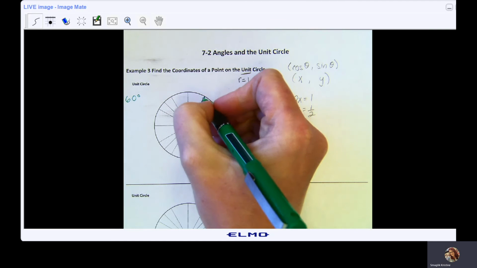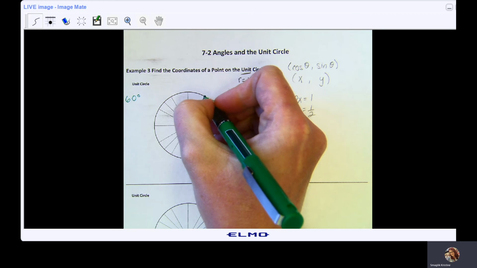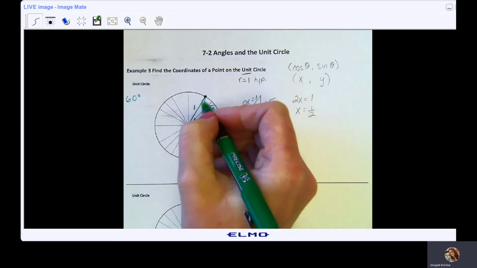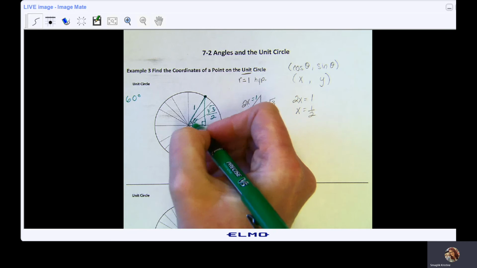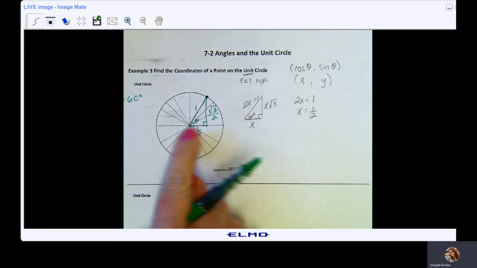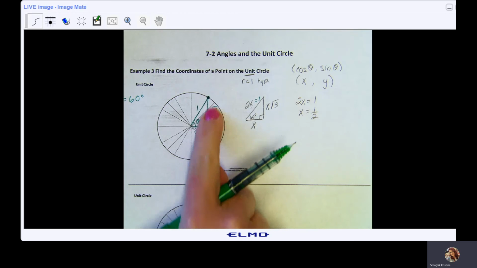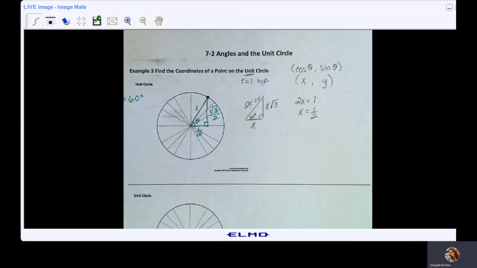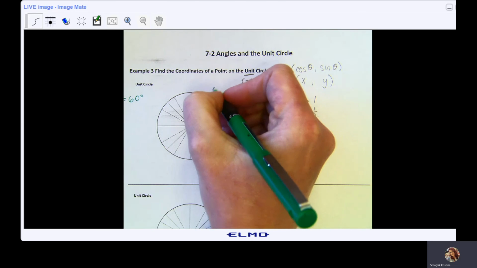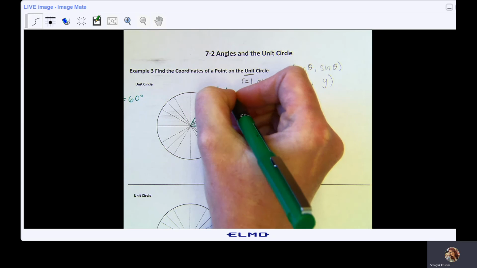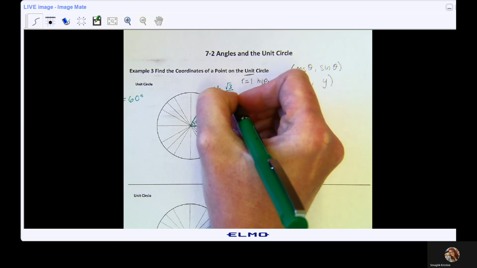Now, I'm looking for a coordinate on the unit circle where my 60 degrees here, this ray is intersecting the edge of the circle. And remember, your x is your distance from the origin, and your y is the vertical height away from the origin. So this is the ordered pair 1/2, square root 3 over 2.